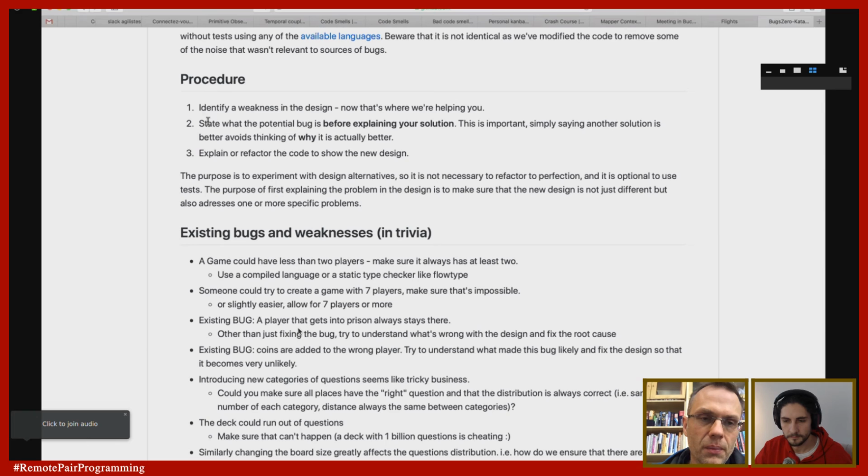And then, if we're in a merge request, or if we're pair programming, don't just say that this design is better, but state what the potential bug is before explaining how you're solving it. Because that's what helps us understand why we think that one solution is better than the other. Yeah, on separating the problem and the solution.